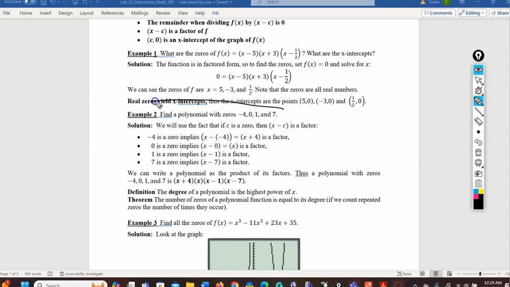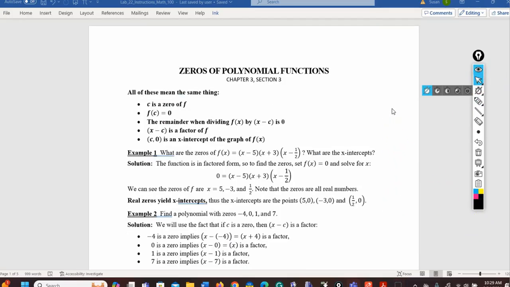Now let's go on to the next part, find a polynomial with those zeros. So if c is a zero, then x minus c is a factor.